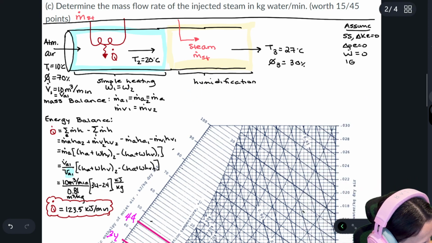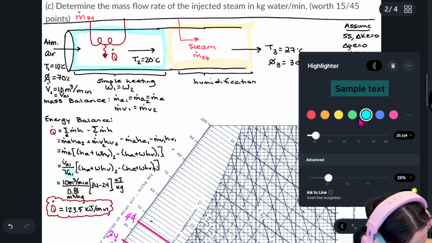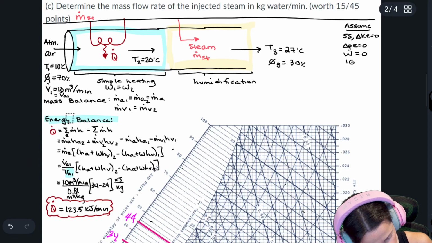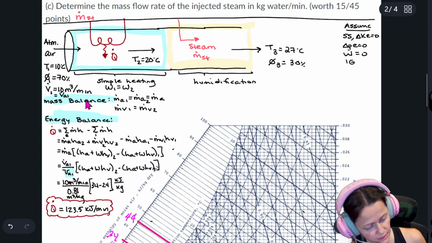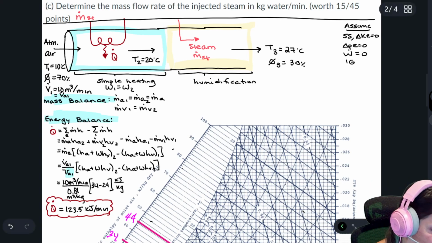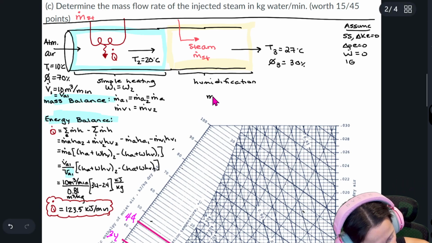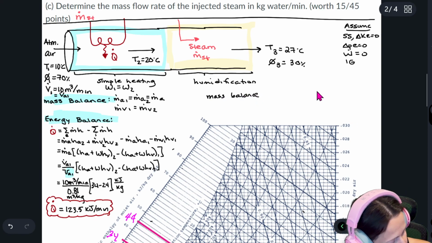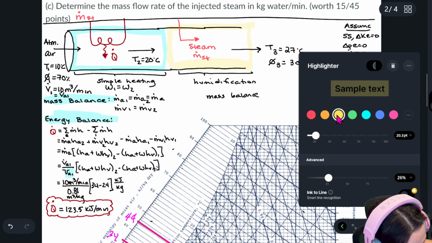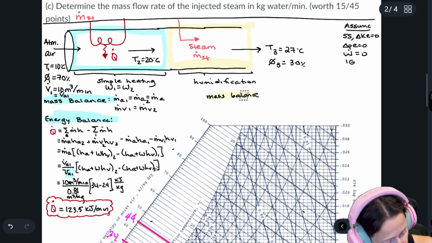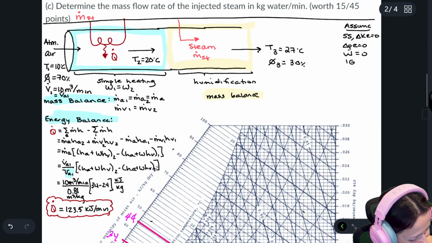Actually, this is an energy balance and a mass balance on that blue control volume, and then we'll do a mass balance on this yellow portion.